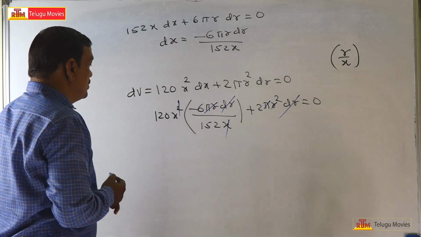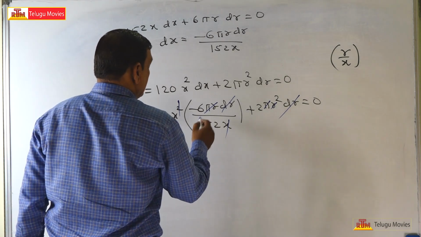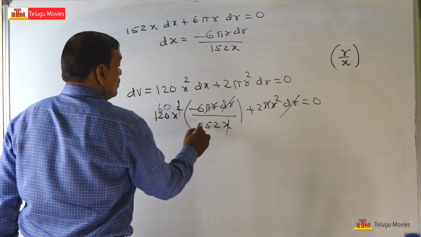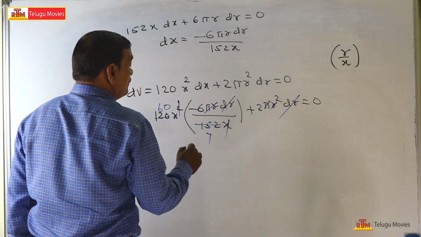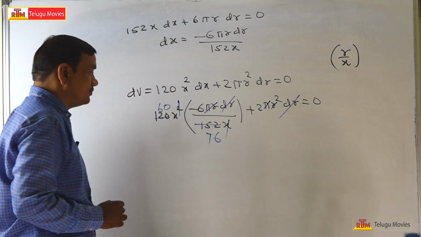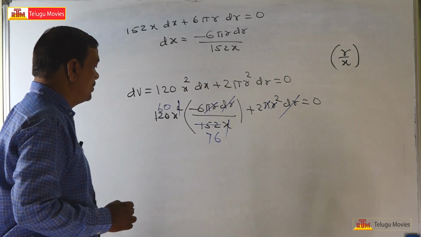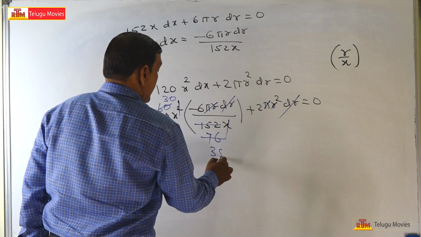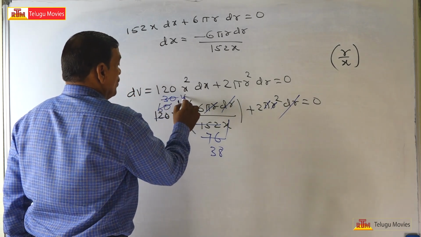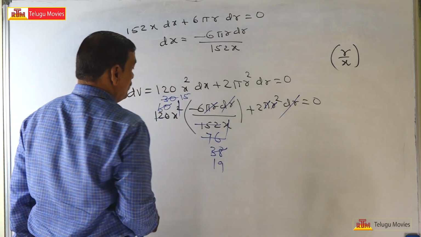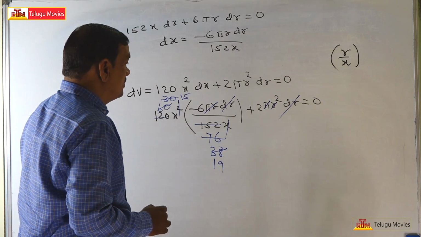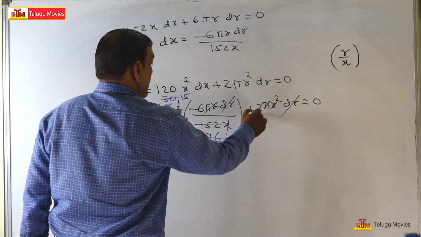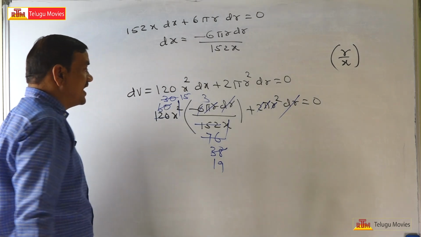Again cancellations, if you do this: 2 sixties are, 2 sevens are, 2 sixes are. Again 2 thirties are, 2 thirty-eights are, again 2 fifteens are, 2 nineteens are, you will get cancelled. Here 2 and minus 3 you can cancel.